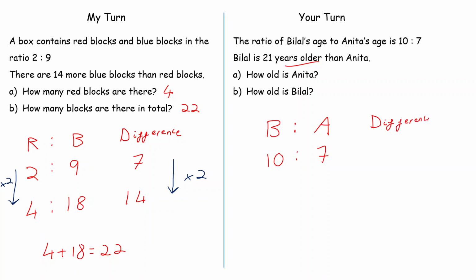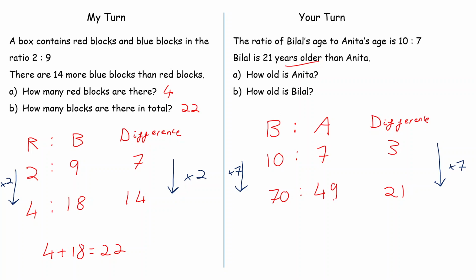The difference between 10 and 7 is 3, and we're going to 21 years, because Bilal is 21 years older than Anita, so we want to go from 3 up to 21. To get from 3 to 21, we can times through by 7, and do the same thing over here. 10 times 7 is going to give you 70, and 7 times 7 is going to give you 49.